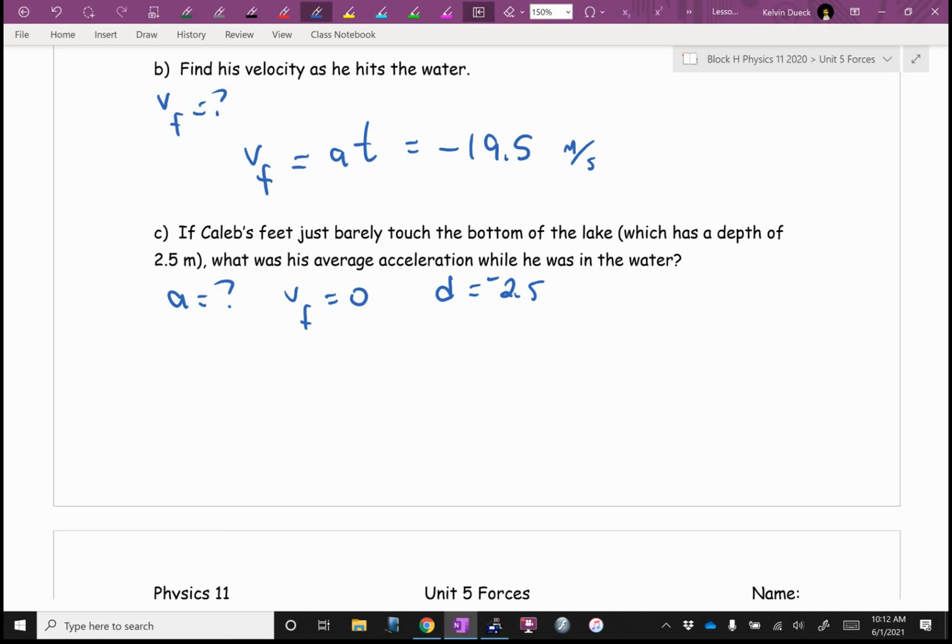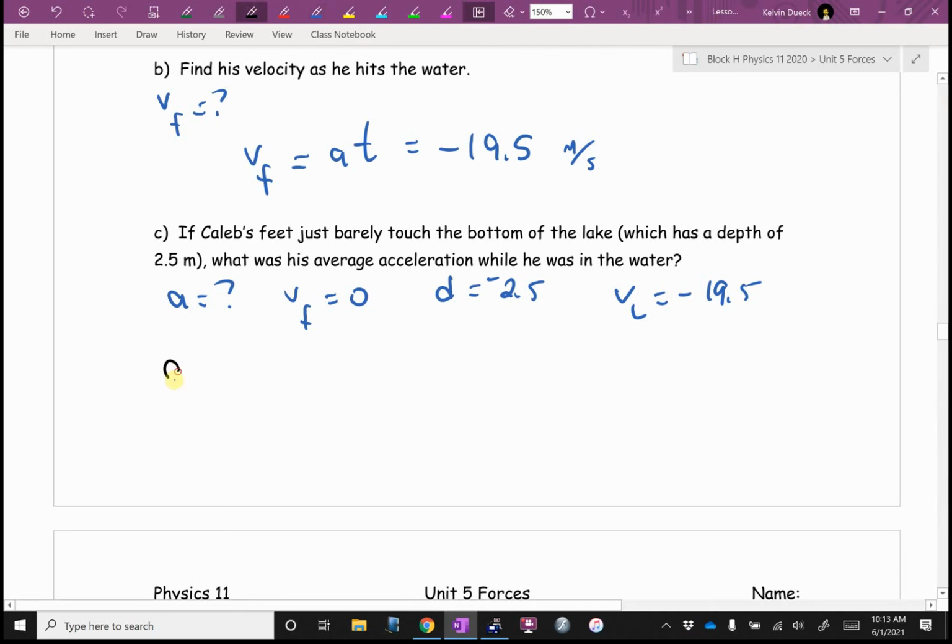Okay. I need one more thing. VI is negative 19.5 because how fast he was traveling when he began to stop in the water is how fast he was traveling at the end of his free fall when he hit the water. Nice. Camille, which equation?